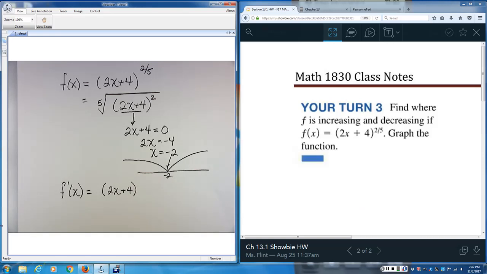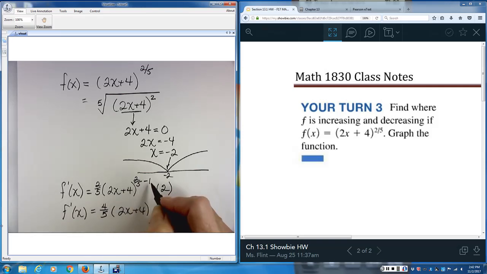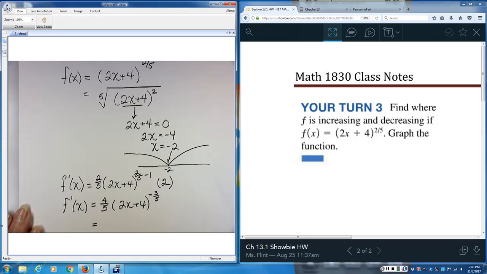this is a chain rule problem. And 2 times 2/5 is 4/5 times 2x plus 4, but 2/5 minus 1 is -3/5. And this is one of the places where being able to do the algebra actually gives you some insight, because this says put this down in the denominator.